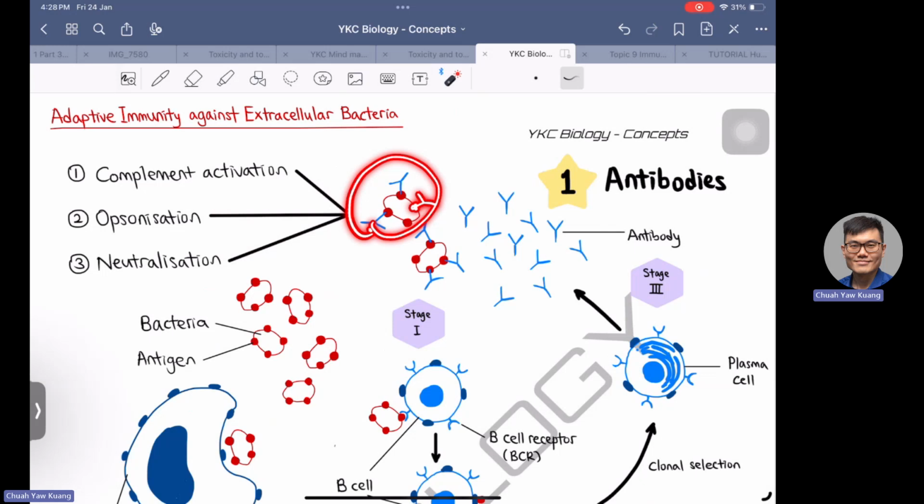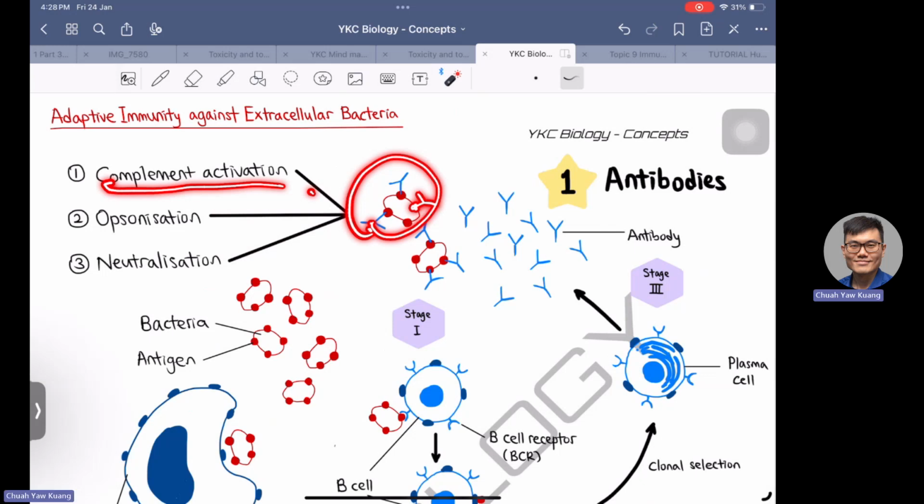So this complex will be able to activate one of the complement protein. So when it activates the complement protein, it's going to cause the activation of a cascade or a series of the other complement protein.